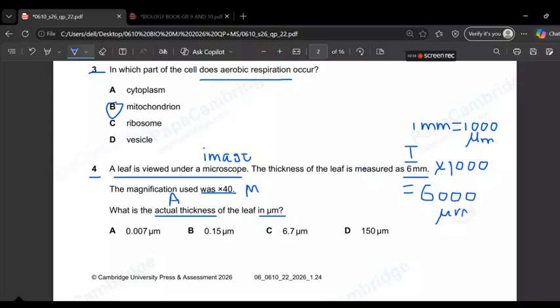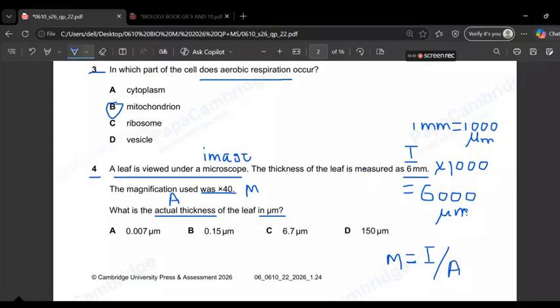It will be 6,000 micrometer. And now you can put the formula. And as you know, the formula is magnification is equal to image size divided by actual size.